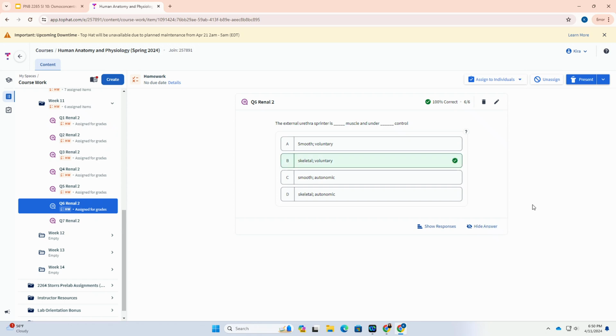Nice. Skeletal, voluntary control. Things that are skeletal muscle tend to be under voluntary control, whereas things that are smooth muscle tend to be under autonomic or involuntary control.